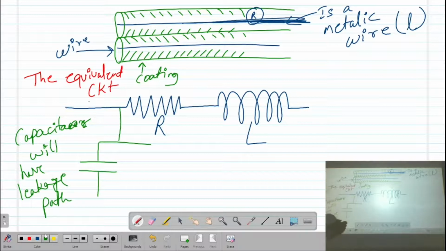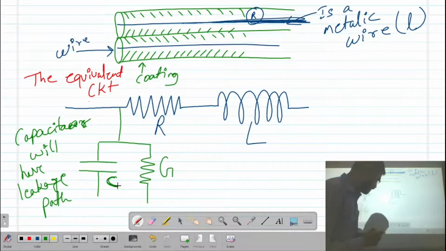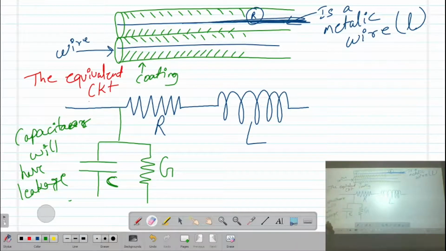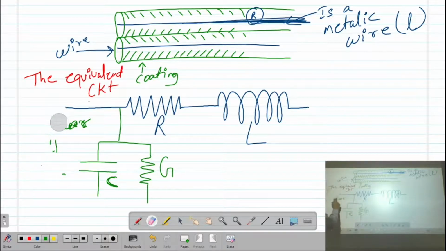So we need to have a conductance over here, that is G. This is C. Conductance is represented by G, right? Okay. So let us complete the circuit now.